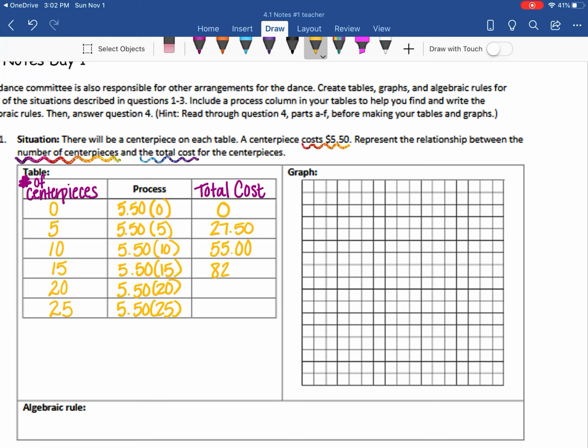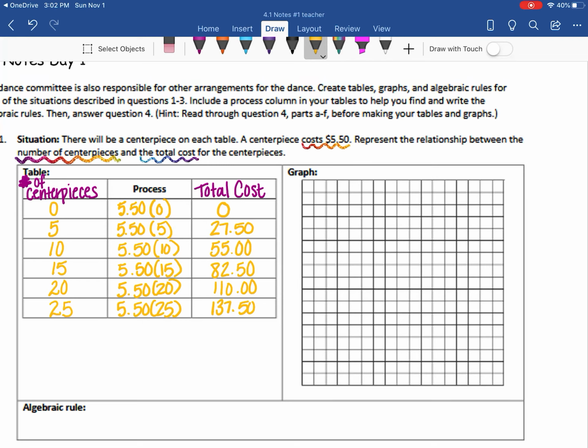So $82.50, $110, and $137.50. Okay, so that's my table. I don't have every value in there, but I can get an idea of what it's going to cost me based on those numbers.